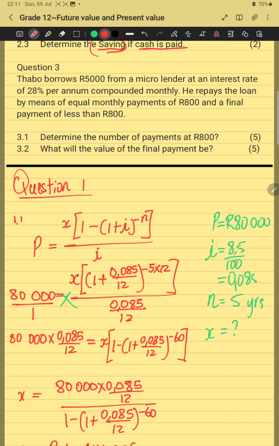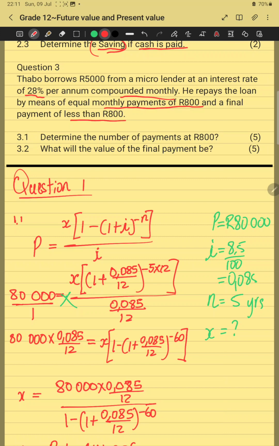Thabo borrows 5,000 from a micro lender at an interest rate of 28% per annum compounded monthly. He repays the loan by means of equal monthly payments of 800 and a final payment of less than 800.